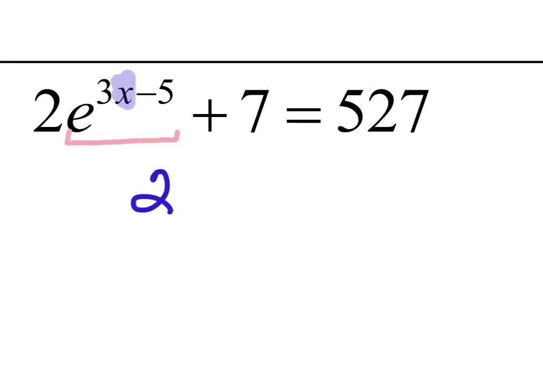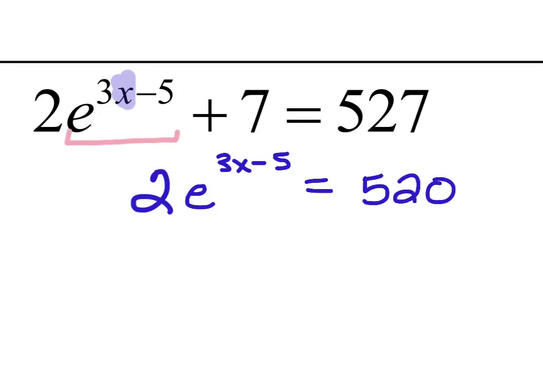So I have 2 times e to the 3x minus 5 equals 520. I started to write it wrong. And then I'm going to divide both sides by that 2. So I still have e to the 3x minus 5. And then 520 divided by 2 is 260.